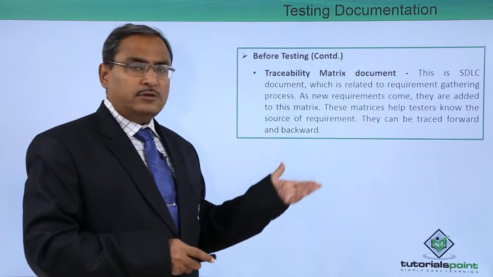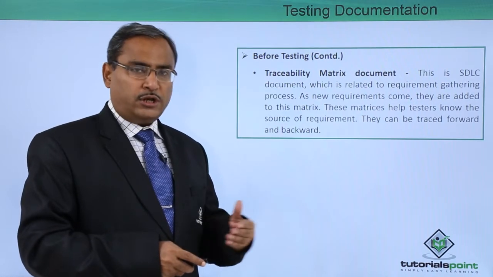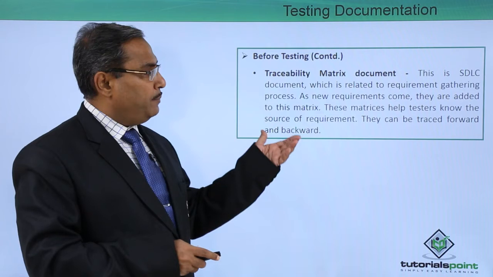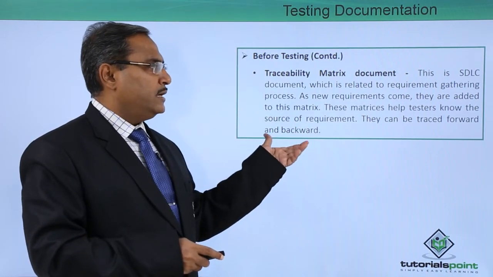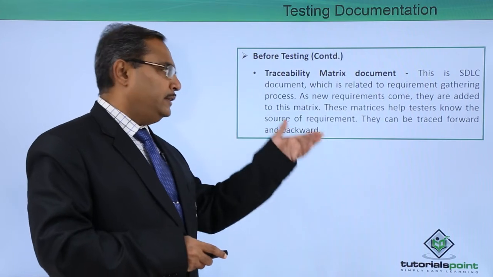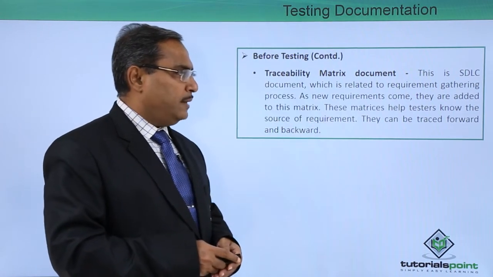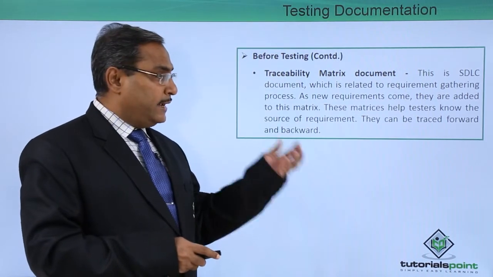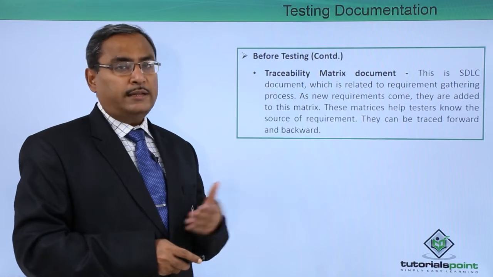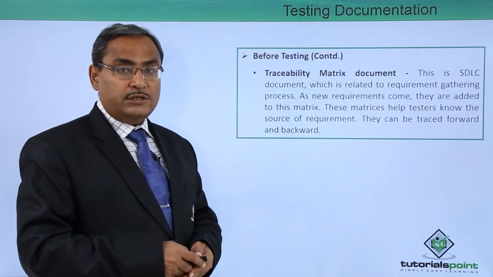All the requirements we have should be mapped on this matrix, and when new requirements come, they also get added to it. So, that is our traceability matrix document.